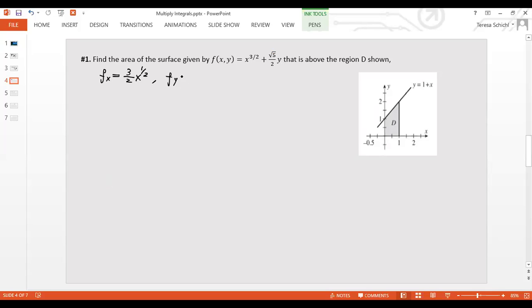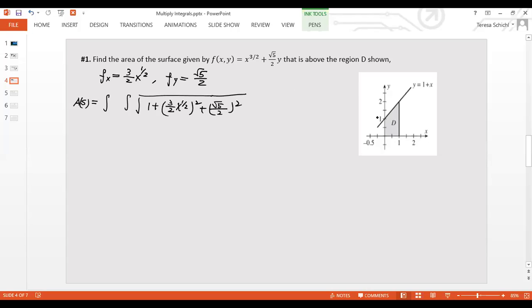Then for the partial with respect to y, x is a constant, so the partial for y is the square root of 5/2. Then plugging into the surface area formula, this is 1 plus (3/2 x^(1/2)) squared, plus (the square root of 5/2) squared.